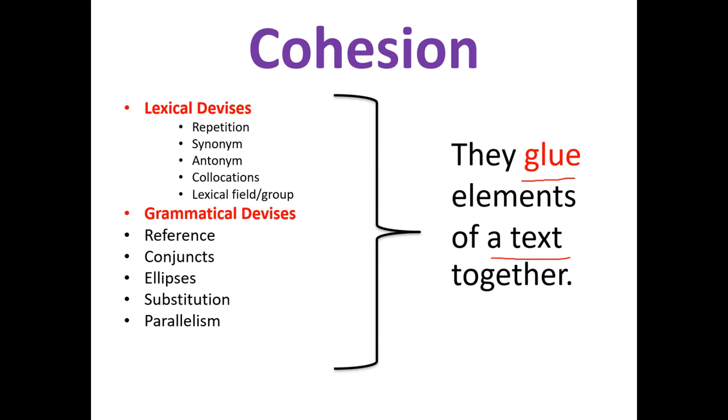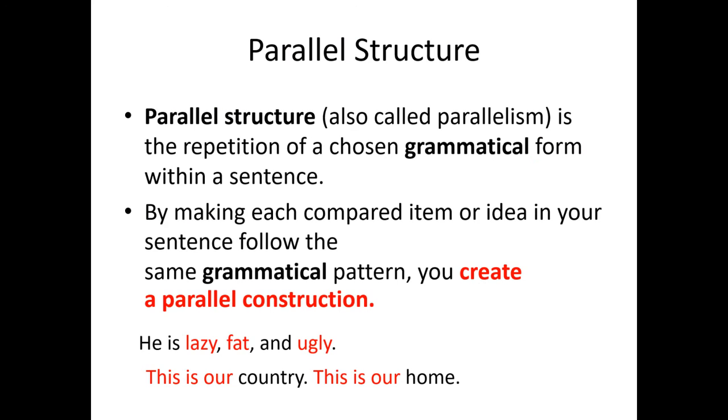So you can see that we have one more device, that is the use of parallel structure, or parallelism. Parallel structure is the repetition of a chosen grammatical form within a sentence. Remember, this is about a grammatical form.